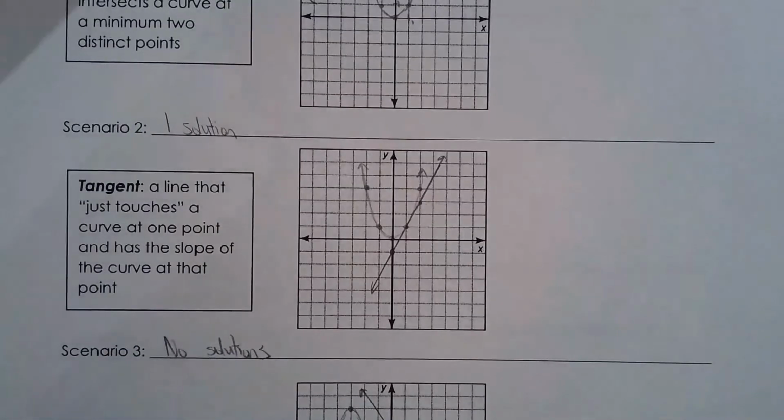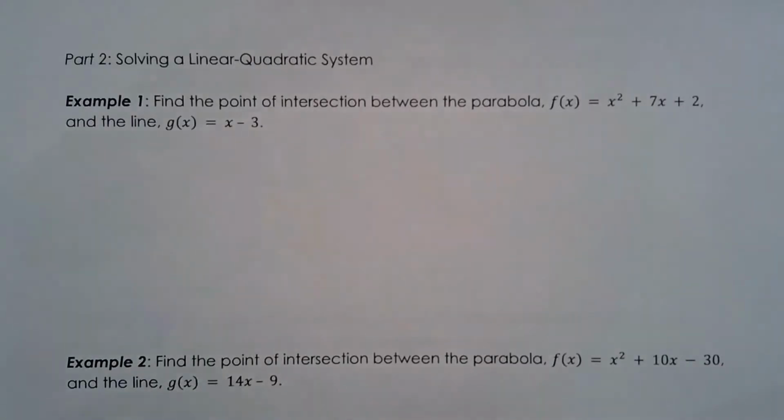Let's do the algebra now. For example 1, you have your parabola with f of x equals x squared plus 7x plus 2, and you have your line g of x equals x minus 3. So let's find out where they intersect.